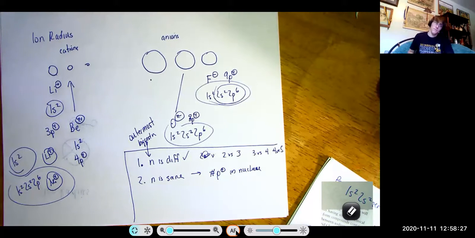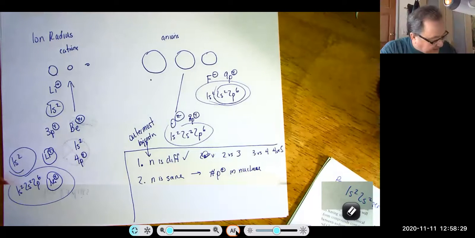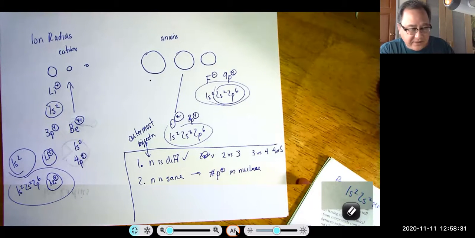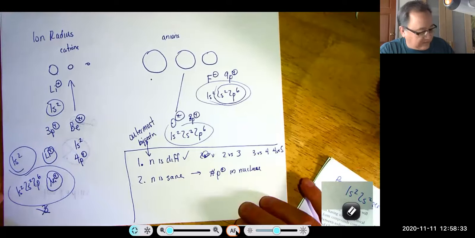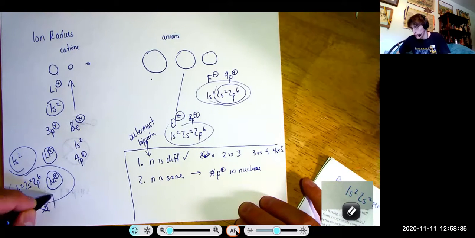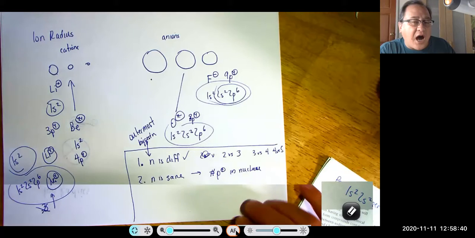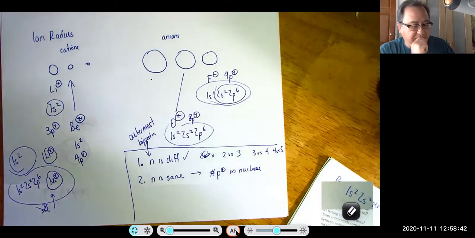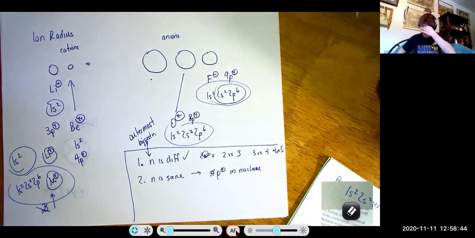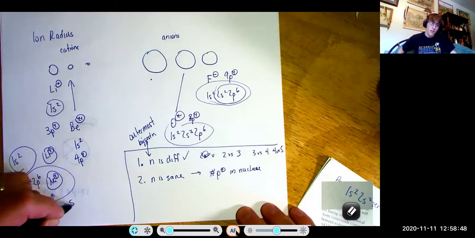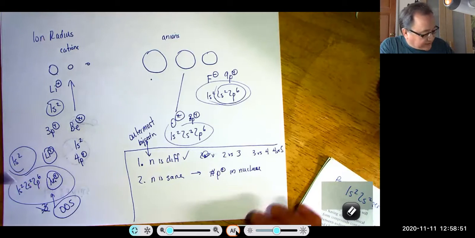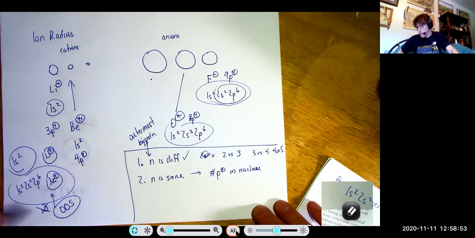Oh, okay. So can you see why the 3 is not the outermost occupied shell? Outermost occupied. What does occupied mean? Filled, or something's in it. There's electrons in it. There's no electrons in it. Oh. So 3 is not the outermost occupied shell. Oh, so you would include the 3s.